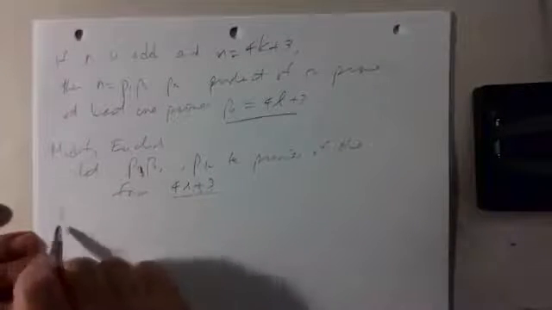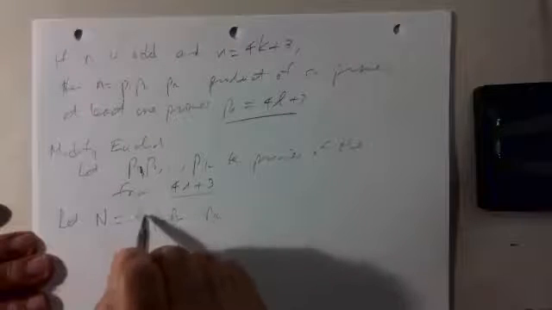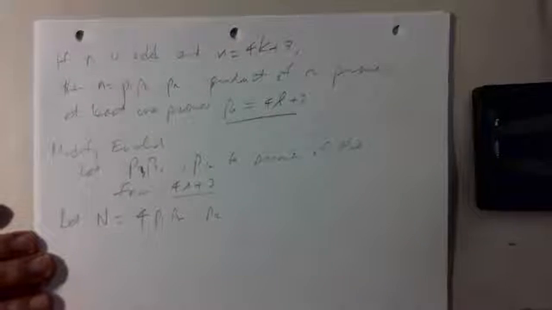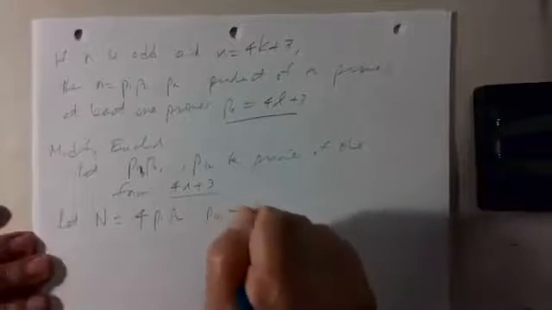So these are all primes that leave a remainder of 3 when you divide by 4. And now let n be the number you get by multiplying these primes together. Multiply that by 4 and subtract 1.